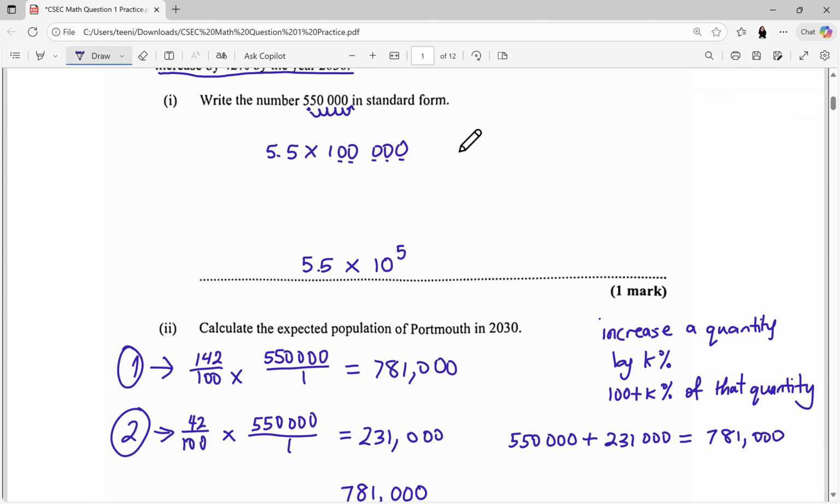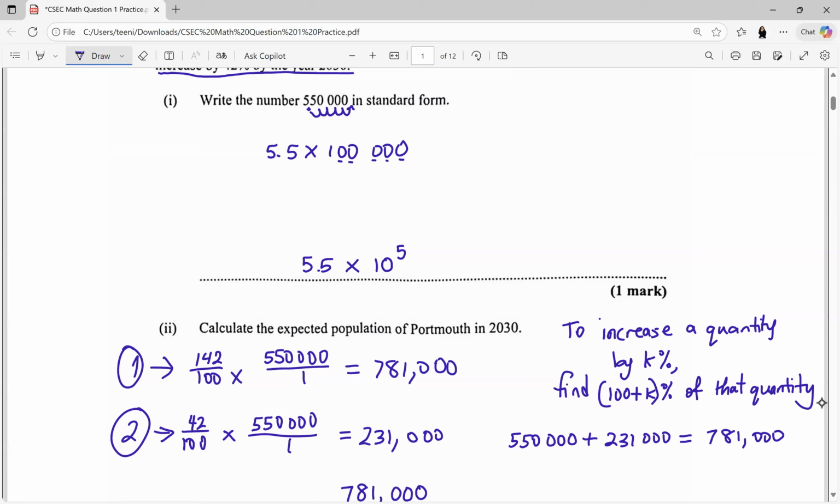Okay, cool. So guys, in the same way that you could increase a quantity by K percent, you find 100 plus K percent of the original quantity. If you wanted to decrease a quantity by K percent, it'll be 100 minus K percent of the original quantity. So if I wanted to decrease 550,000 by 42%, I would have to find 100 minus 42%, which is 58.